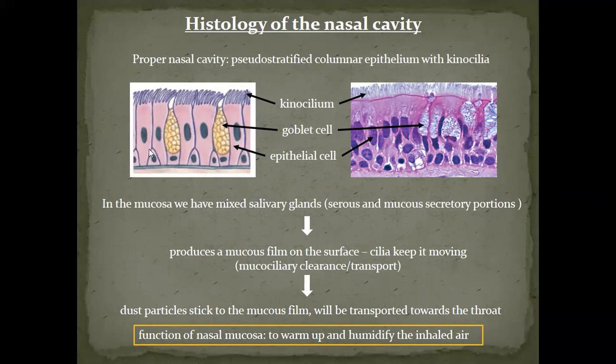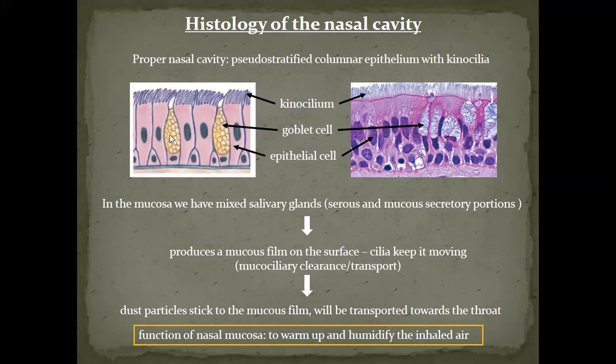So basically there are shorter cells like these, and there are taller cells which reach the apical surface, which reach the lumen. These taller cells have kinocilia on their surface, and between these epithelial cells we have goblet cells as well, which belong to the glands.